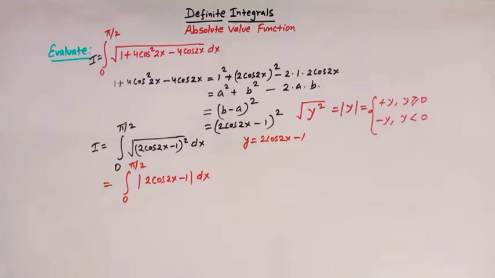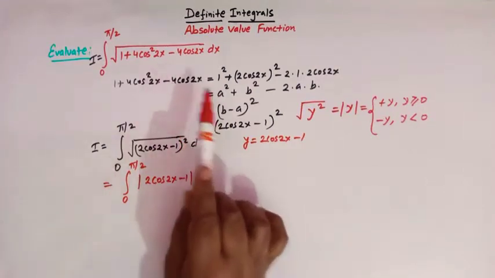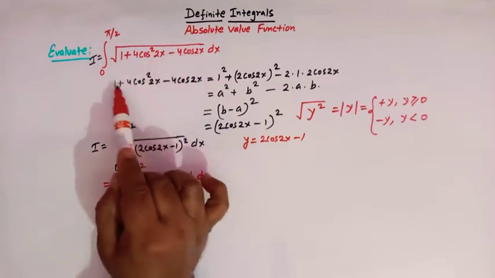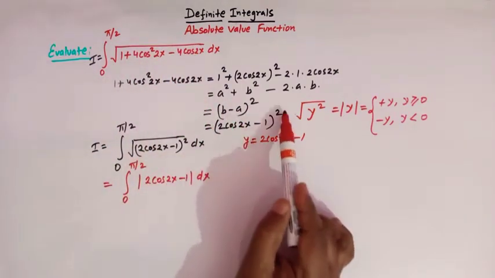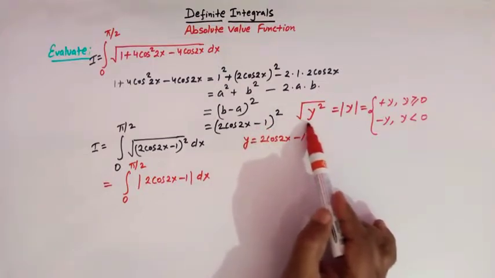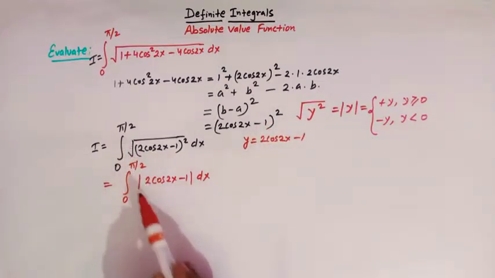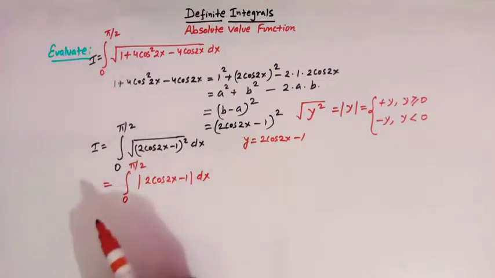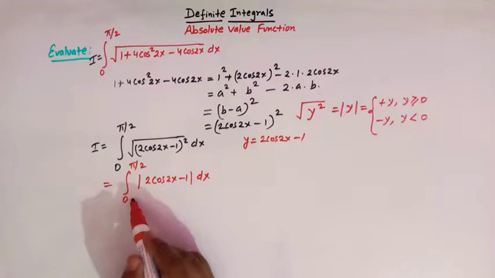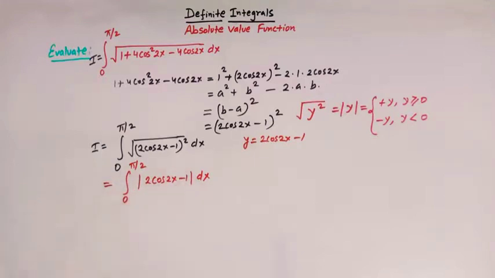So viewers, what we have seen is that the term inside the square root sign has been converted into a perfect square, and then utilizing this result we have expressed the original integral as an integral of a mod function.